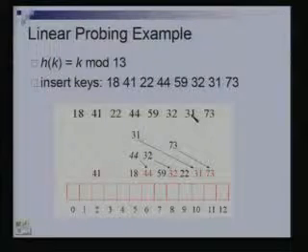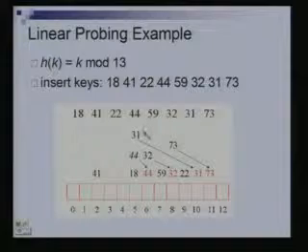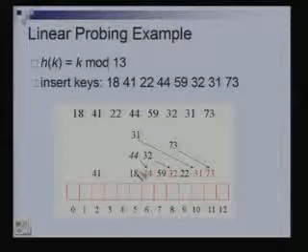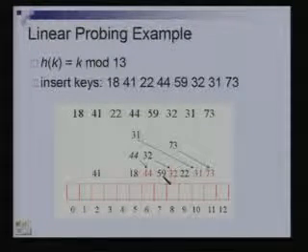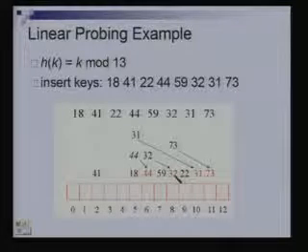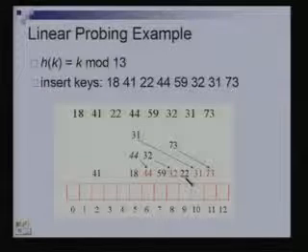31, 31 mod 13 is 5. So we should have put 31 here, but this location is occupied by 18. So we go to the next location, which is occupied by 44. We go to the next location, which is occupied by 59. Next, occupied by 32 already. Next, already occupied by 22.